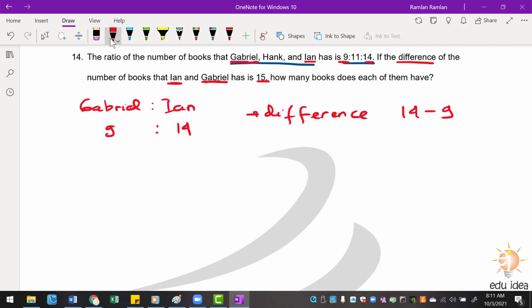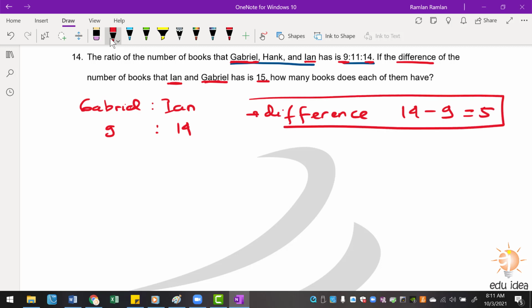You can subtract 9 minus 14 actually, but when we're talking about difference, it means that you subtract the smaller number from the larger number. So 14 minus 9 is equal to 5. This is going to be our important information, to be used as the denominator, like the previous question that we have done before. Because the difference is 5, this 15 is represented by this 5, right?